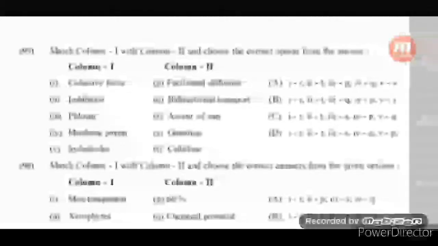Again cohesive force is ascent of sap. Next, imbibition is cellulose. Phloem is guttation again, but the membrane protein is bidirectional transport, and hydathodes is P, means facilitated diffusion. So this is option 4 they have given. So which one do you have to say now?